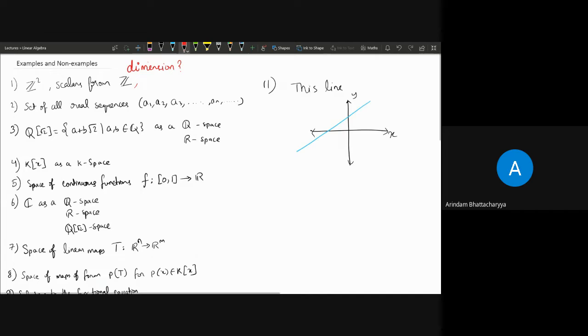Right. So is the definition of a vector space clear for everyone? You can type a yes in the chat or say a yes.